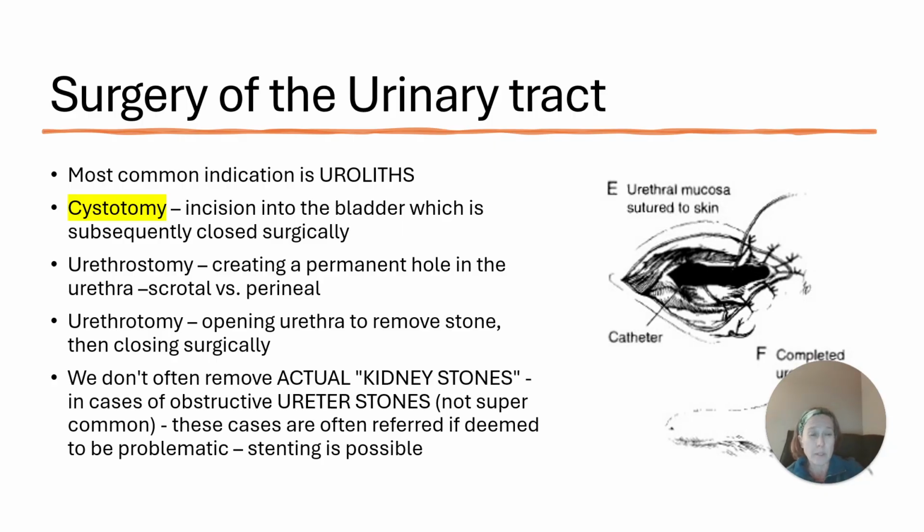Many times we'll do this with male dogs, right at the base of the penis, where we basically give them a new pee hole so then they can pee like a girl. That is somewhere around the os penis or just behind the os penis, so future stones cannot get stuck there. You can do a urethrotomy where we open it and then we close it.